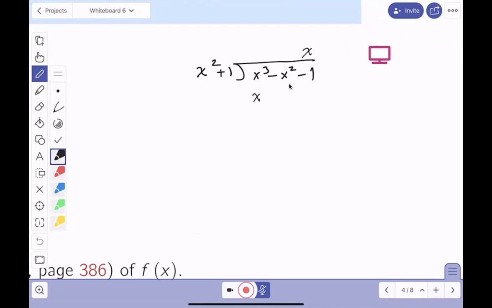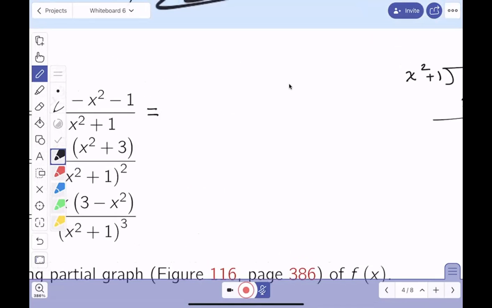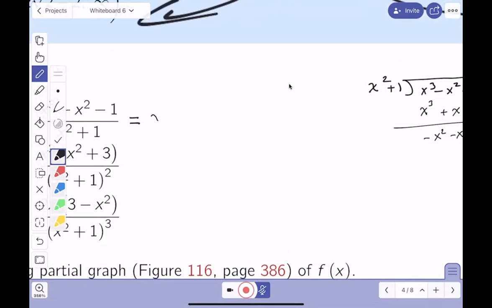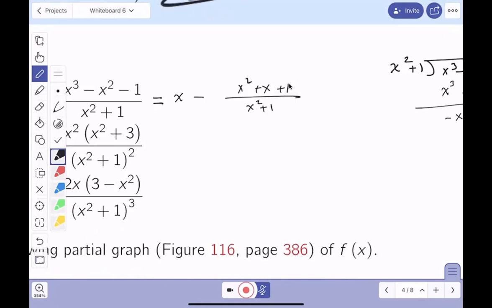Or they give you x cubed plus x. I subtract, you get minus x squared minus x minus 1. Not very interesting, by the way, but you could write that down. What are you going to put down? This would be x minus, on the bottom is x squared plus 1. And the top would be x squared plus x plus 1.